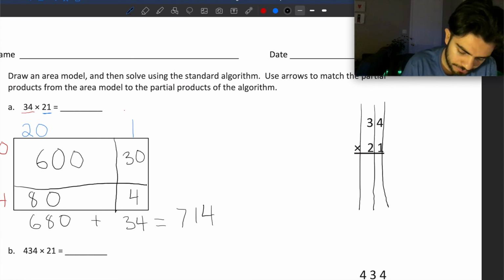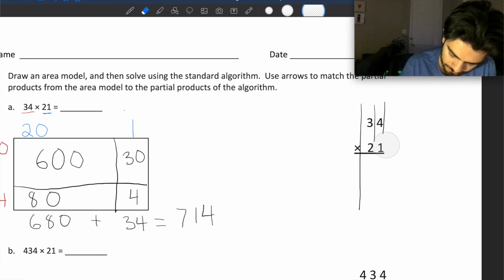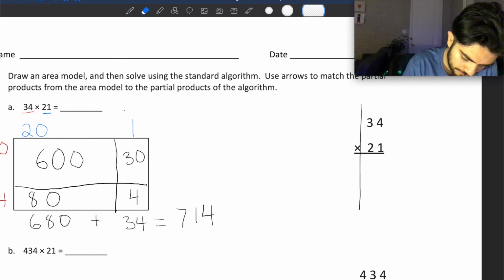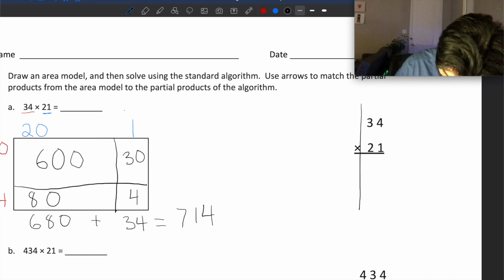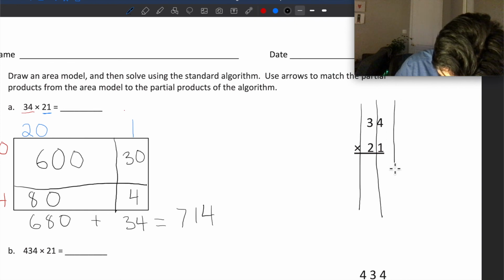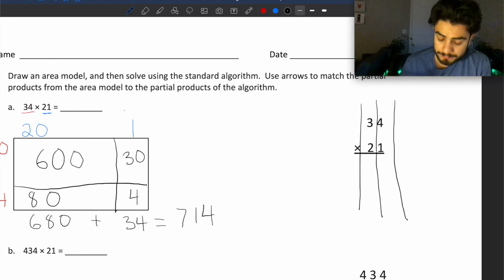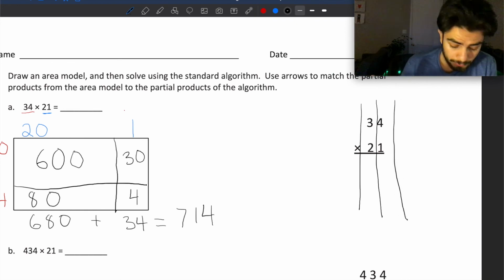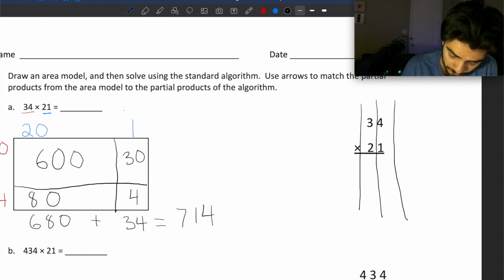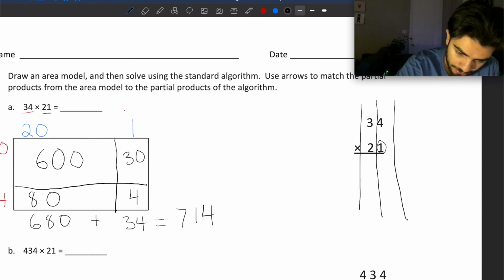Okay, and actually those lines are not very good. Okay, so now the first thing I'm going to do is similar to what I did in the previous one. I'm going to start multiplying, but in this case, I'm going to start with the ones, and then I will move on to the tens.